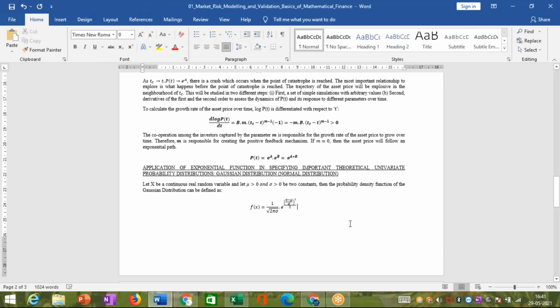So this is how you define the probability density function of the normal distribution.